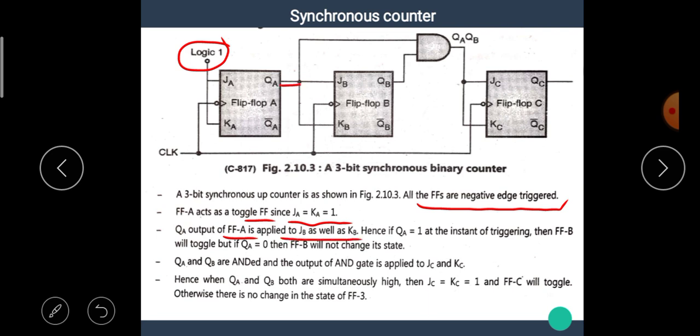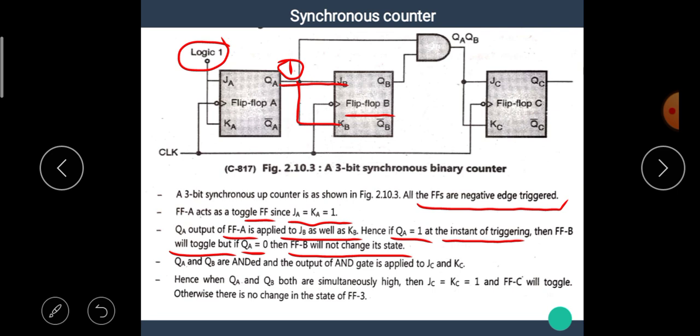If QA equal to 1 at the instant of triggering, then flip-flop B will toggle. But if QA equal to 0, then flip-flop B will not change its state. That means flip-flop B will toggle only when QA equal to 1.